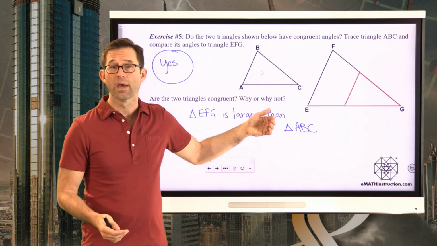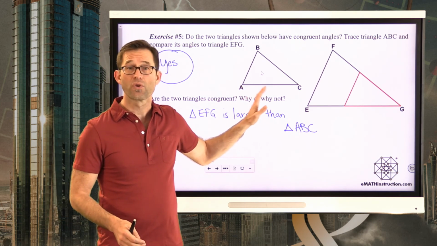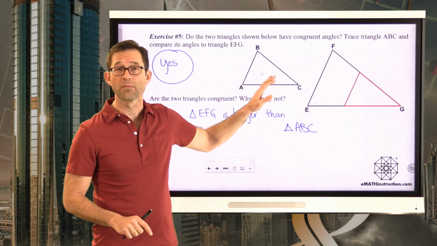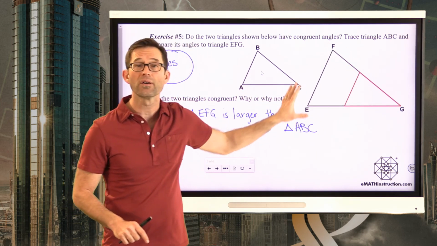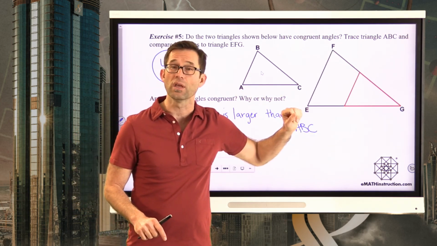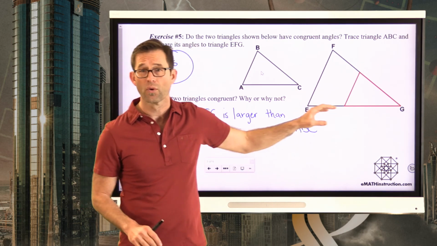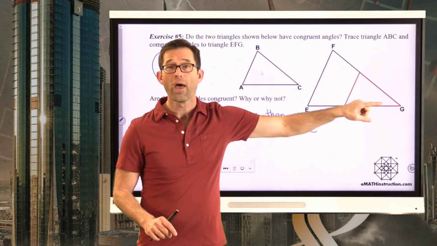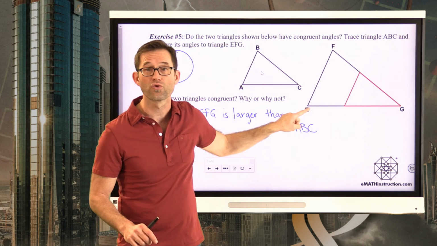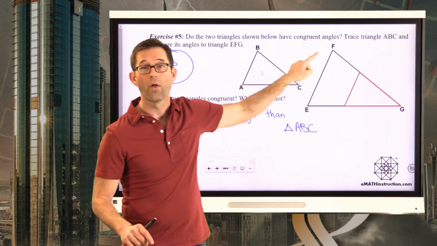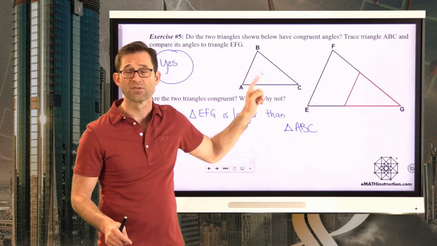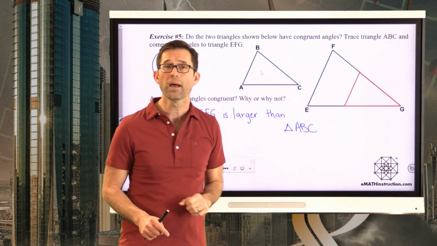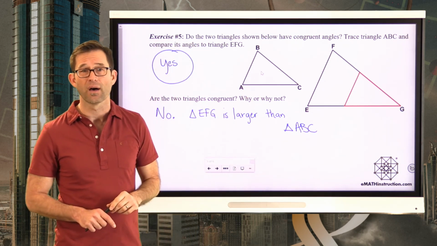You could also say simply that when you used tracing paper, you couldn't get triangle ABC to lie entirely on top of triangle EFG. In other words, two triangles are going to be congruent if literally, if that red had covered the entire triangle EFG, well, then they would have been congruent. But they aren't, for a simple reason. This thing's too small. They have the same angles, but they do not have the same size.